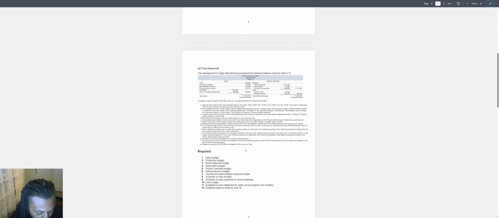And for number 9, the scheduled cash payments for direct materials, you get that 201,000 from the previous month, which would be March, and you just apply it to April, and the answer for the quarter would be 600,500.